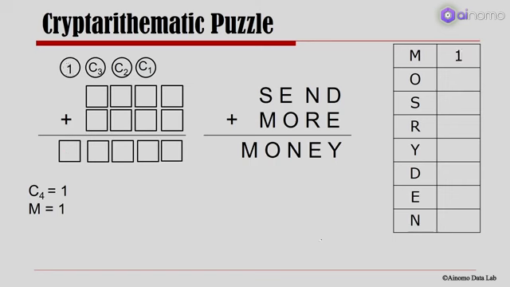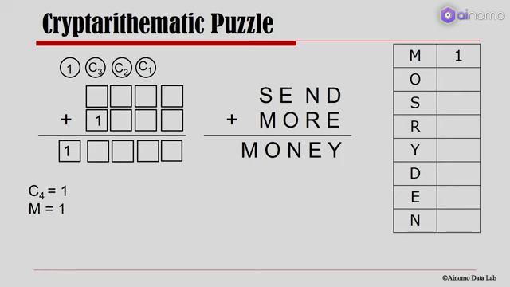So my first answer from a constraint being satisfied is that the constraint between C4 and M tells me that M is equal to 1. Given M is equal to 1, I update my table by putting 1 here and putting 1 again in the other place where M occurs. Next I focus on looking for an answer to either the second column or the third column.